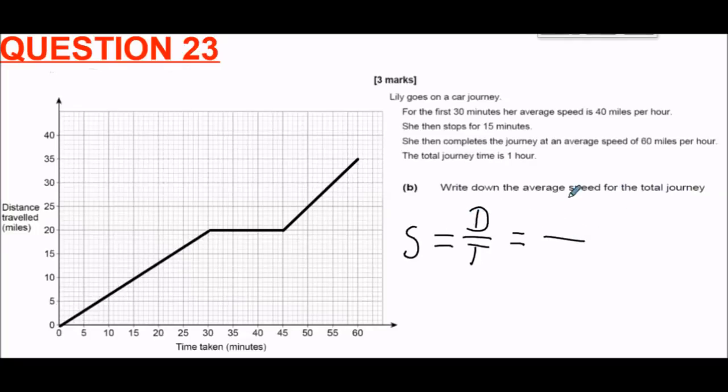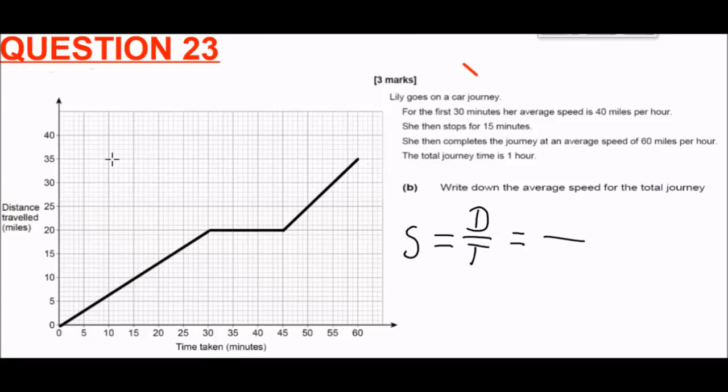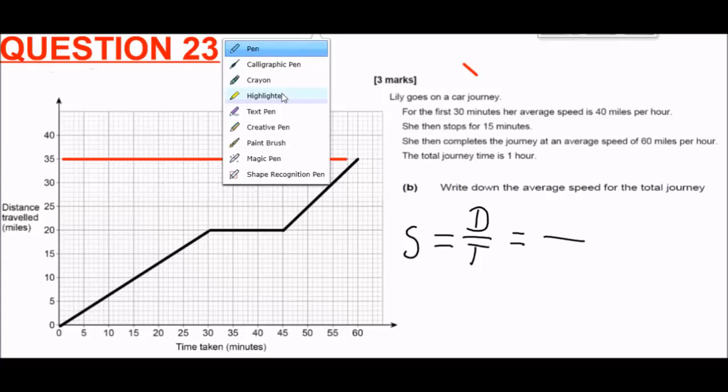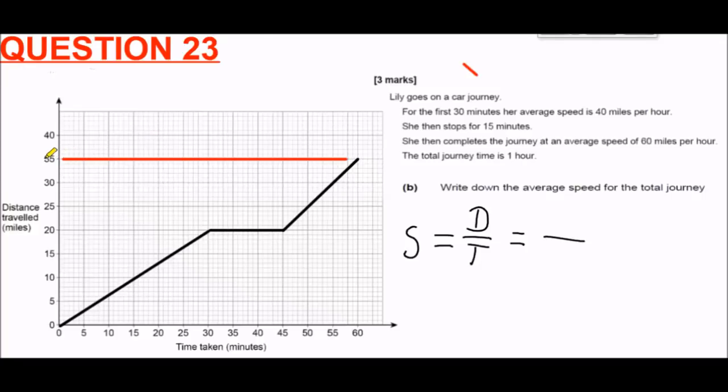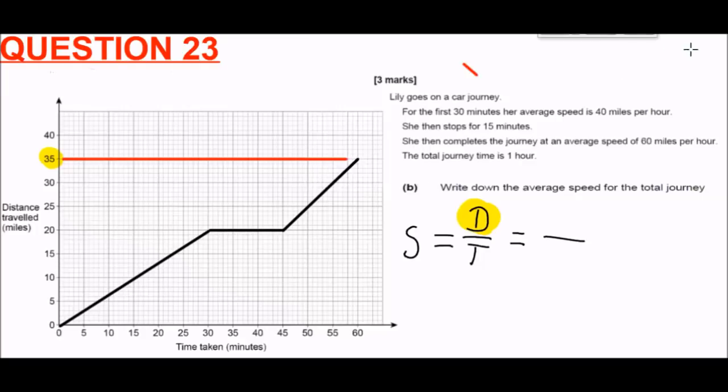So because we're only interested for the total journey, we're only considering the total distance. And so if we have a look at the total distance travelled, it is 35 miles. 35 miles is the total distance travelled. And the total time, if we just drop a vertical down to the time, total time is 60 minutes.